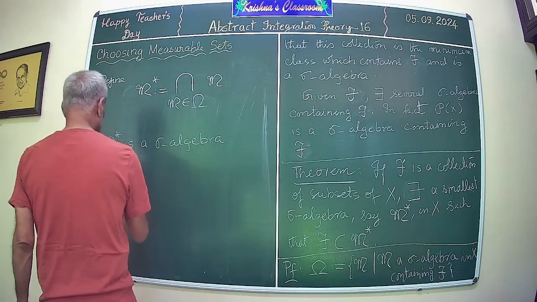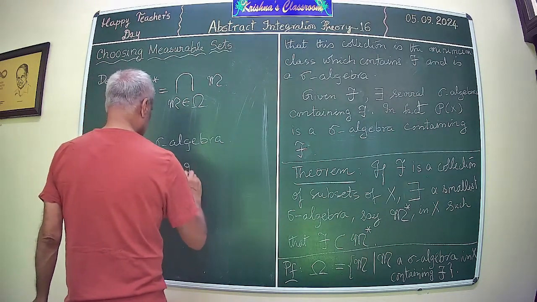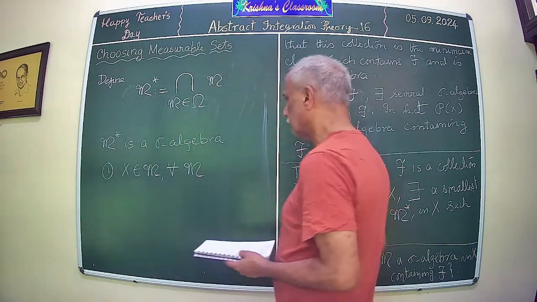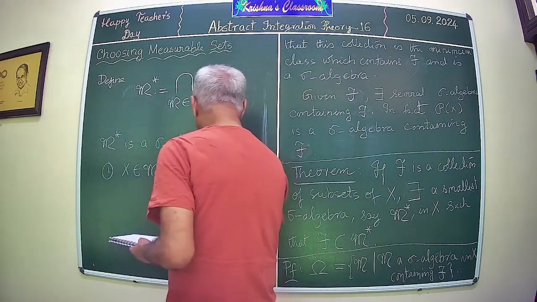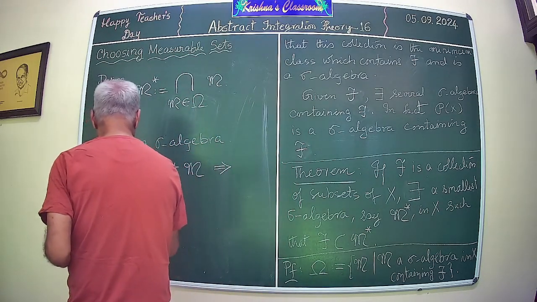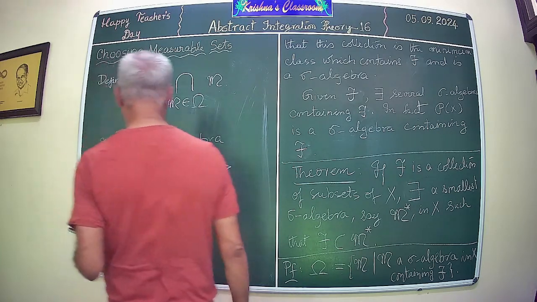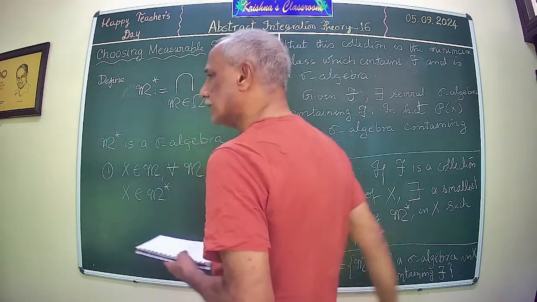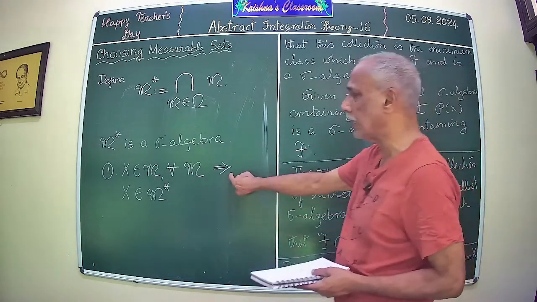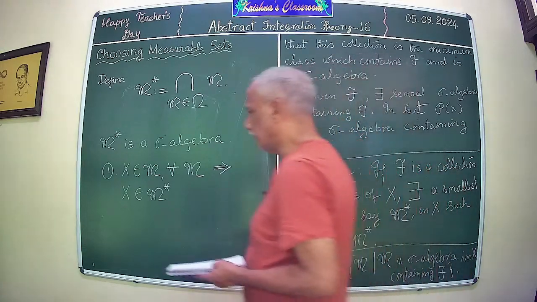So X belongs to M for every M, because M is a sigma algebra, which implies X belongs to M star, which is the intersection of all such M's. So the first part is verified.